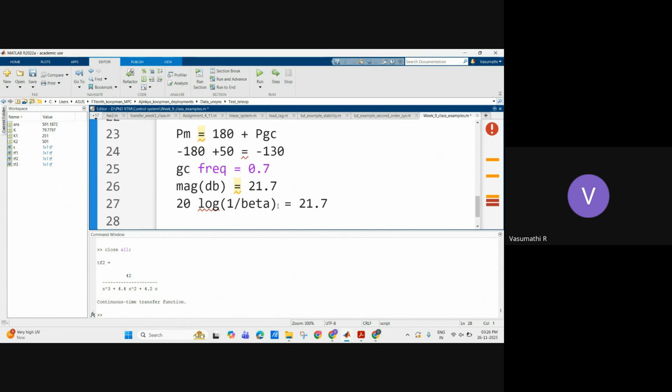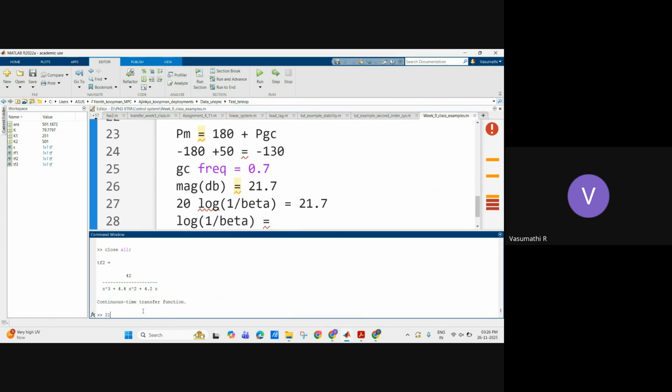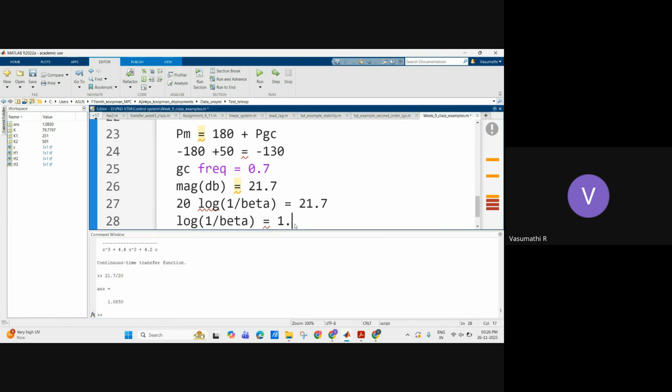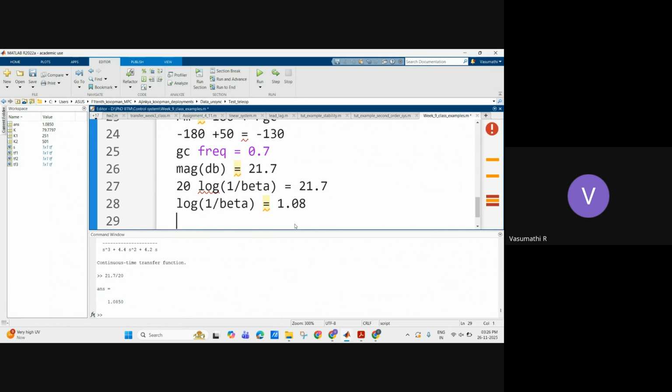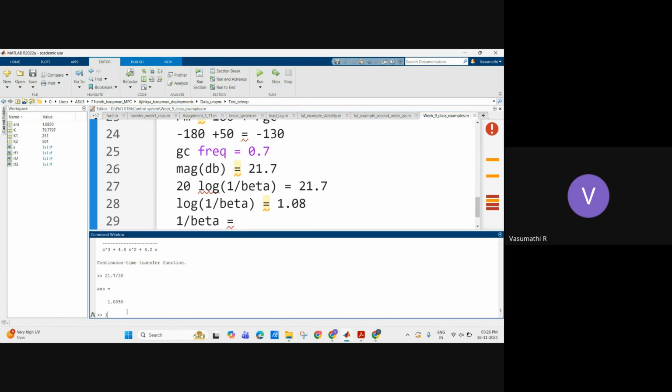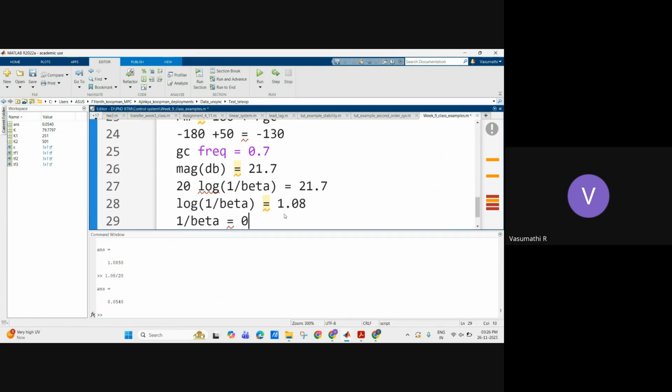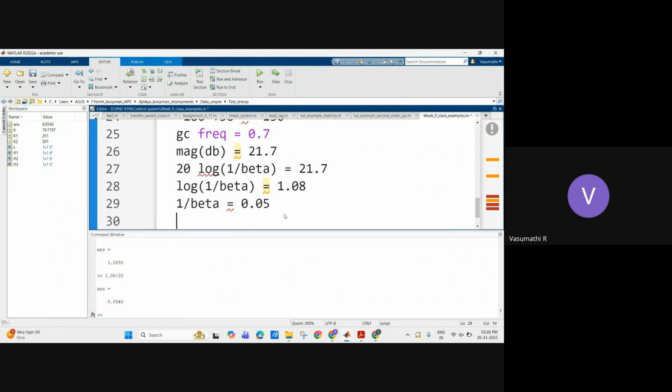Now we want to find beta. So log of 1 by beta equal to 21 by 20, it's 1.08. Now 1 by beta is equal to 1.08 by 20, 0.05.